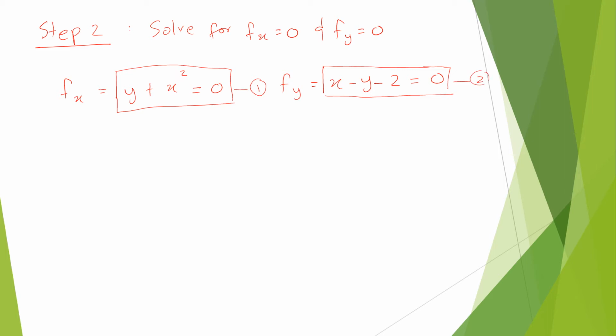Okay, so by substitution. Okay, so from this one, negative y equals to 2 minus x.